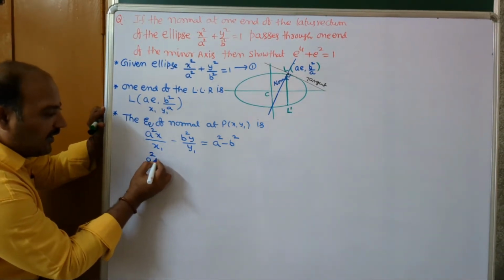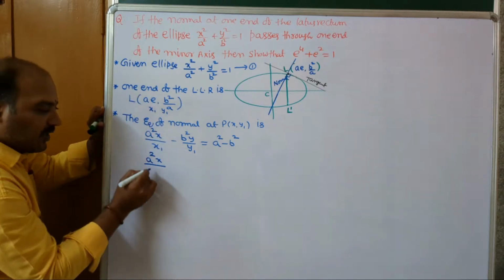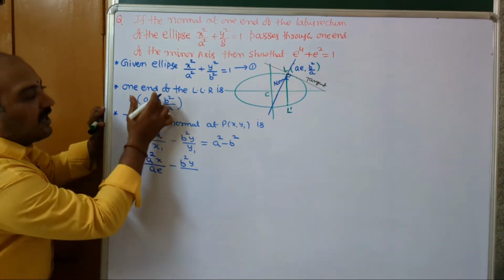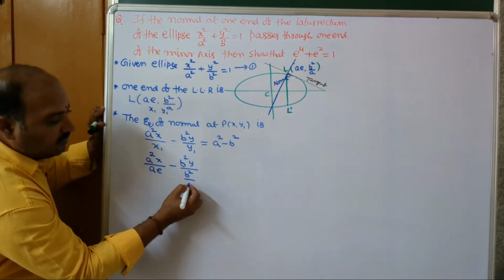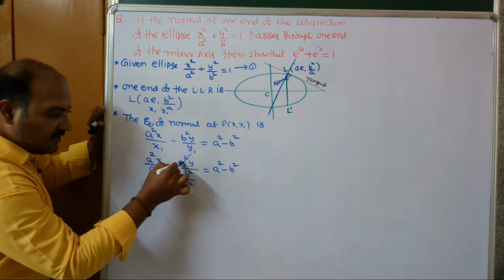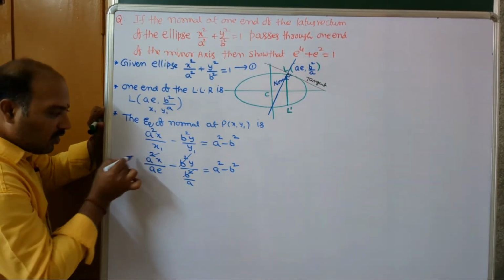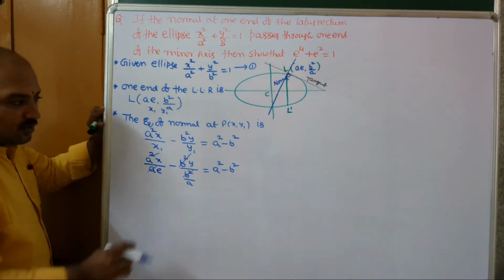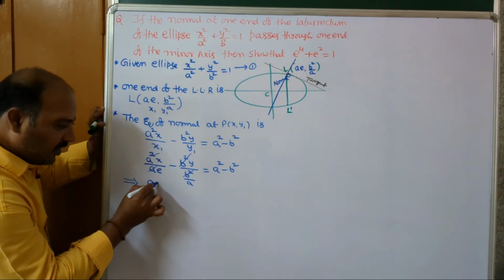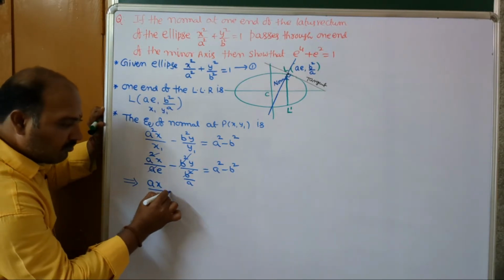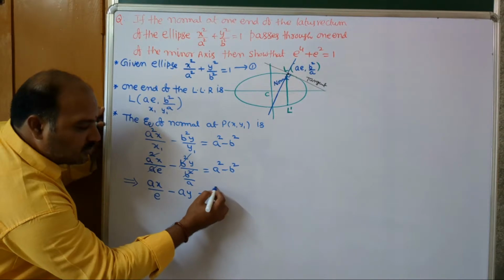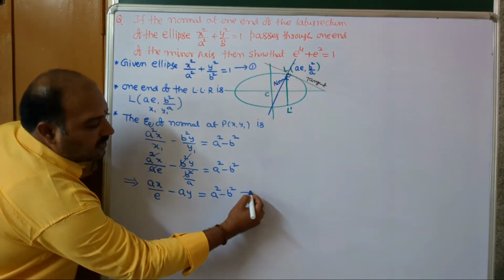So a square x divided by ae minus b square y divided by b square by a is equal to a square minus b square. So b square gets cancelled. One of the a cancels. So denominator of denominator will become numerator. That implies ax divided by e minus ay is equal to a square minus b square. Keep that equation number 2.